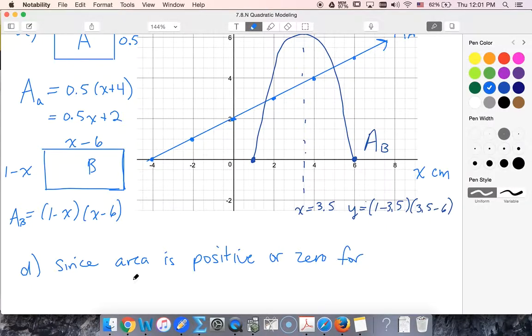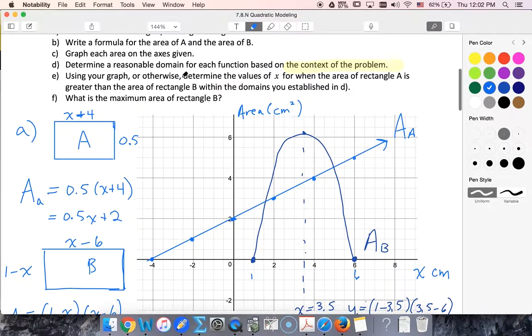For rectangle A, the domain must be greater than or equal to -4, because that's when my y values are positive. For B, I only have positive area between these two values, which is 1 and 6. So 1 less than or equal to x less than or equal to 6. So those are the two places that my area is positive for each picture.